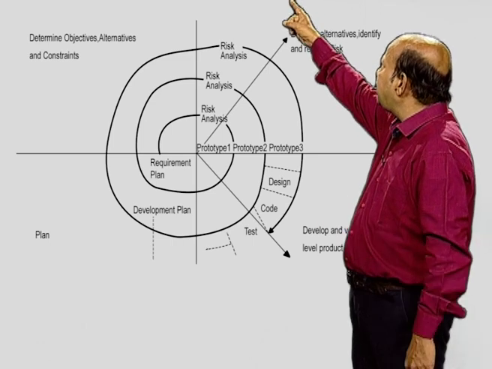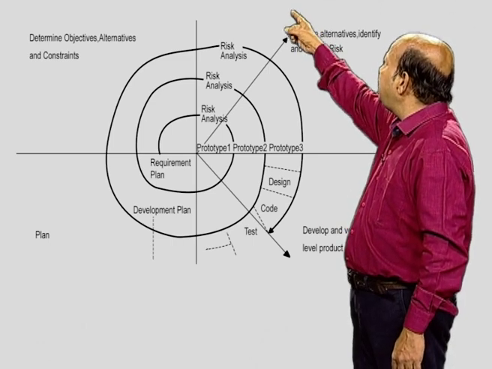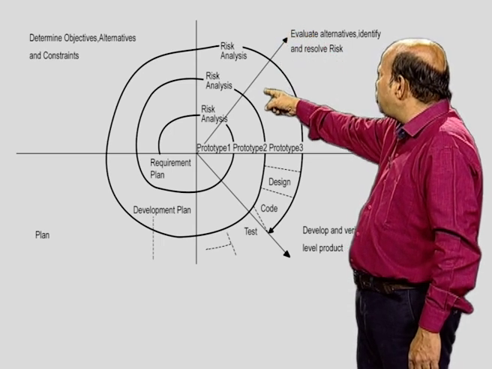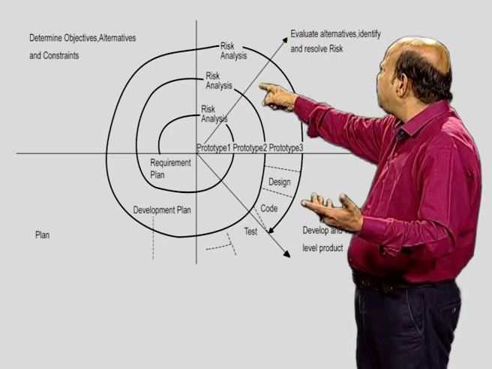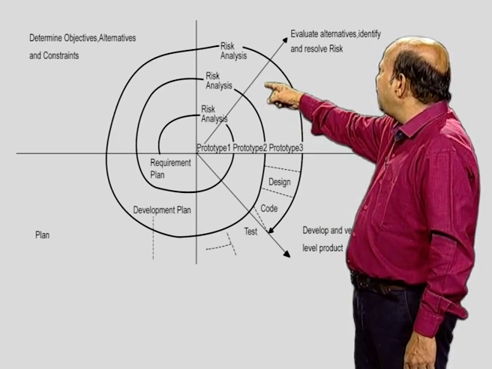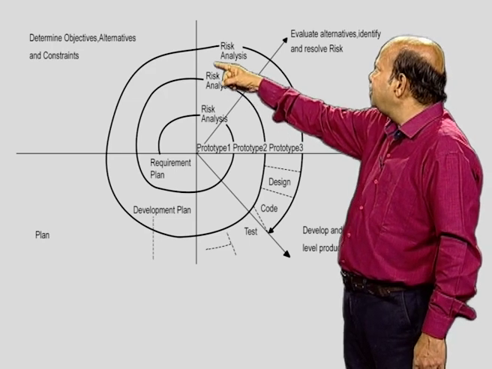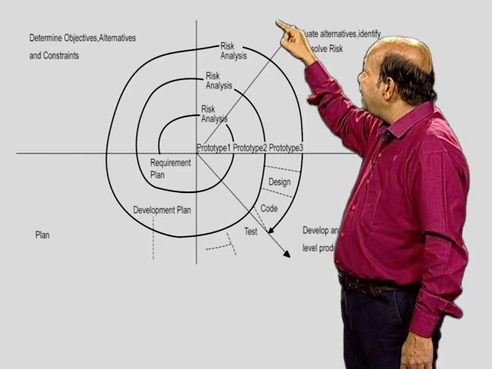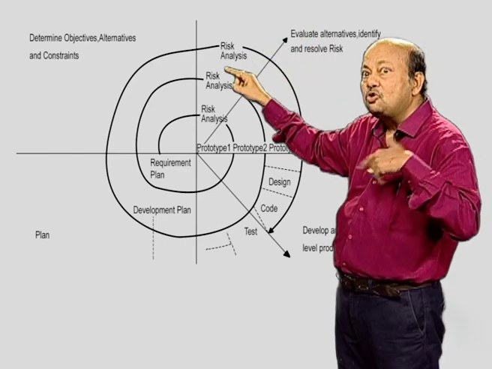Evaluate each objective, evaluate constraints, evaluate the risk of the objective, the risk of each information system, then move to the next one. The next one is develop the system and find out the opportunity in the modified system, and then the next is that you plan for the next. These are the phases, and at each stage the entire development starts and also continues.